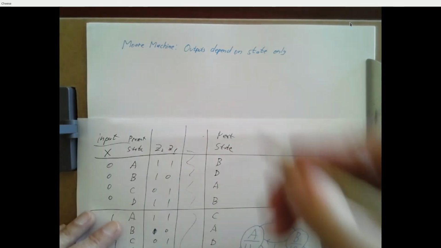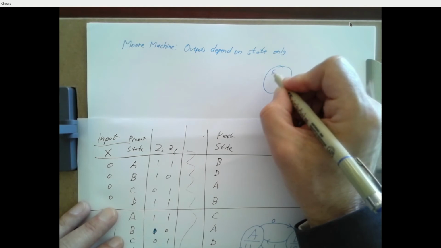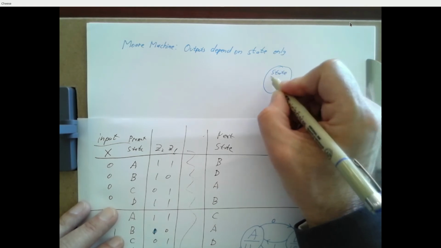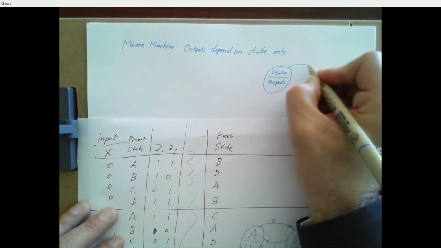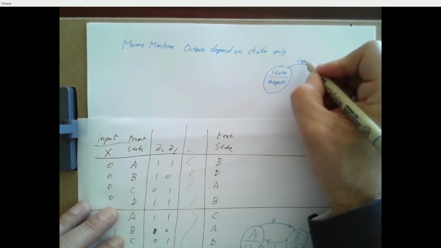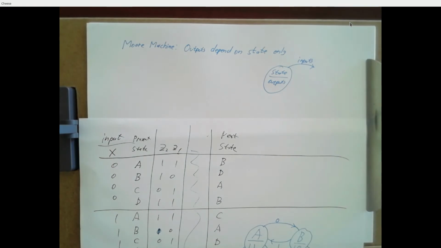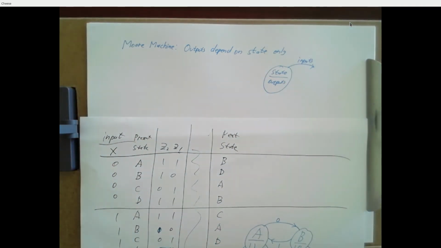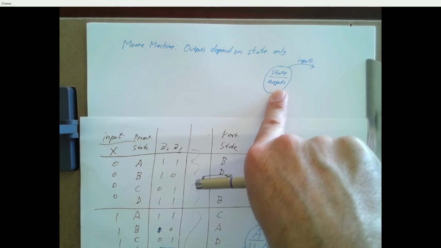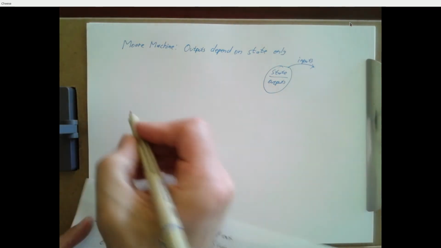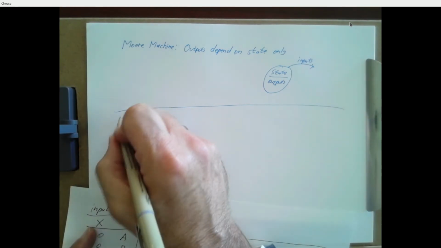And when we draw a state diagram for this, we can do it like this. We list each state, we put a line under it, we list the outputs for that state, and on our transition arrows, we list the inputs. We can do this because if we know we're in a given state, we know what the outputs are. It's unambiguous.